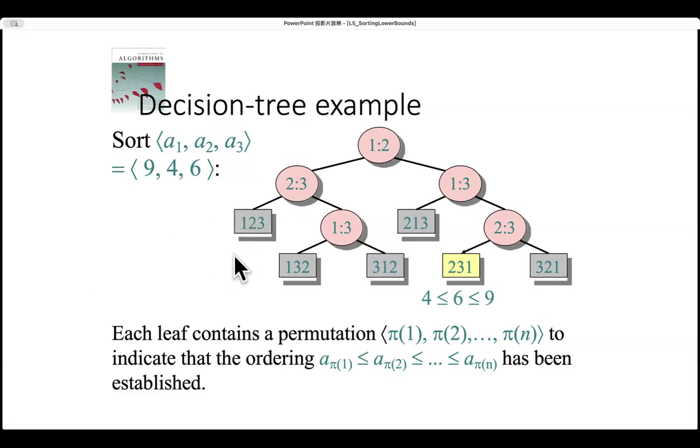But regardless, what I'm trying to tell you is that if your sorting algorithm was not designed carefully enough, it is possible, in fact very likely, that the same input sequence configuration could end up with multiple leaf nodes.